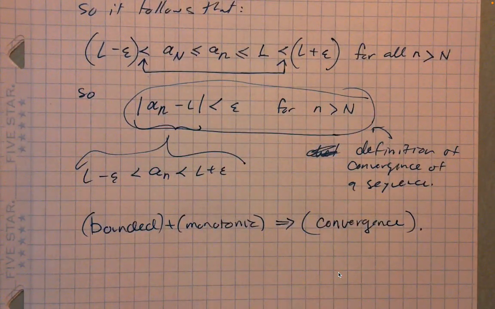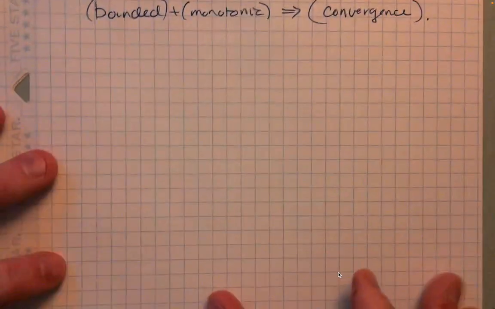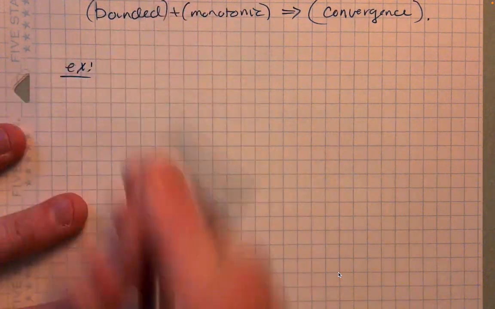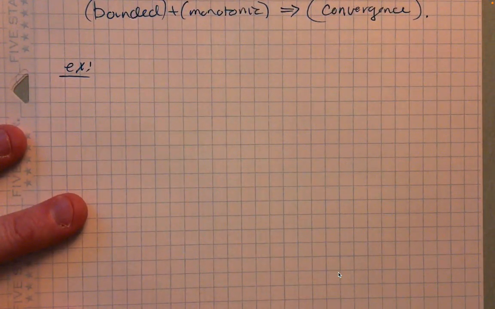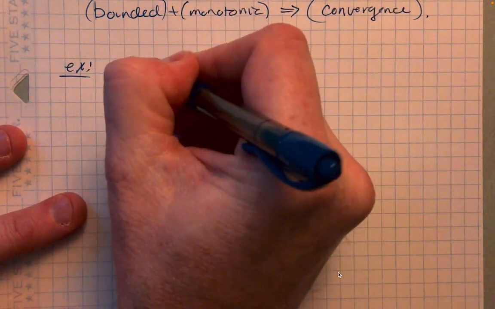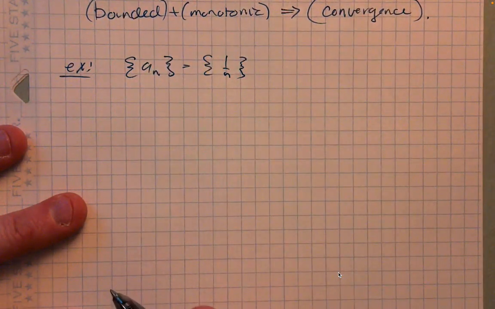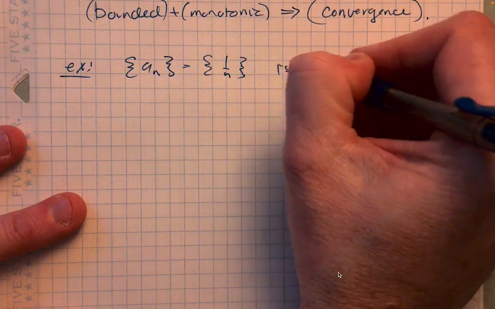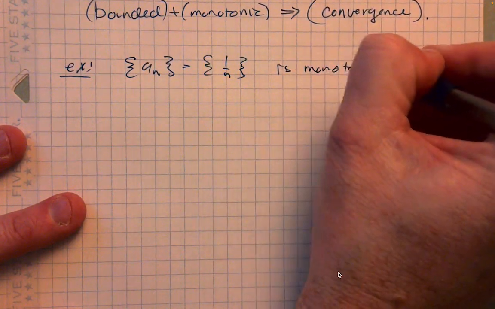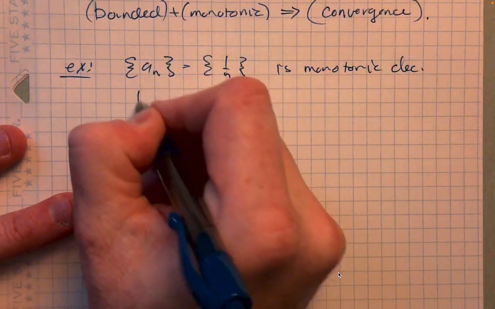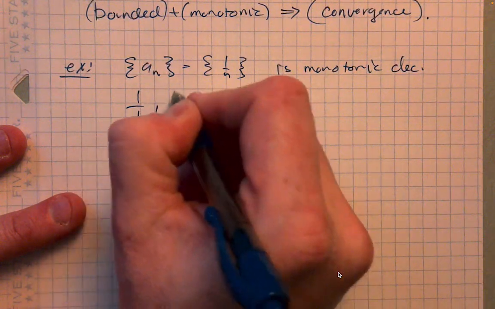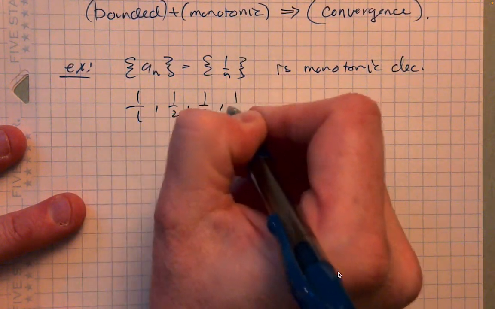That's good. That's great. Let's do an example, and then we'll wrap this up. This has been a very long lecture. Here we go. A of n equals 1 over n. Is it monotonic decreasing? This is 1 over 1, 1/2, 1/3, 1/4.